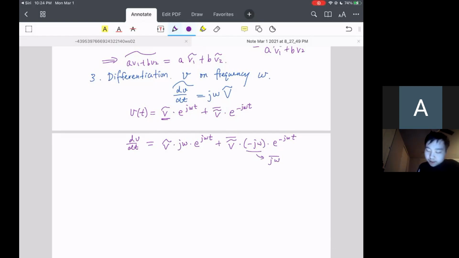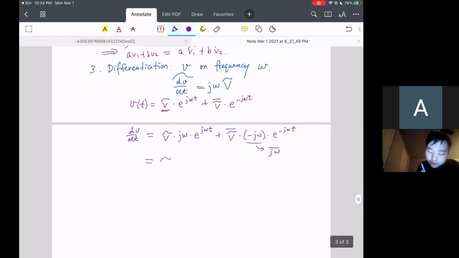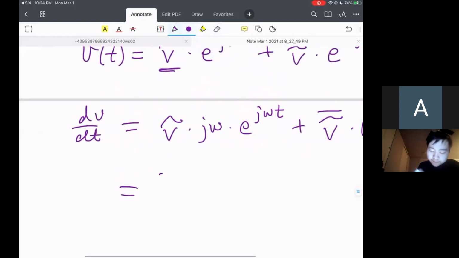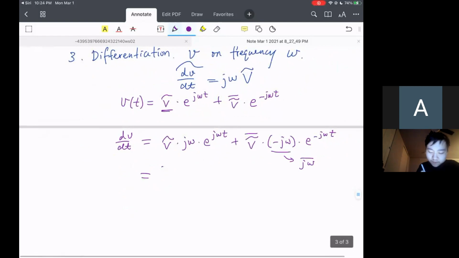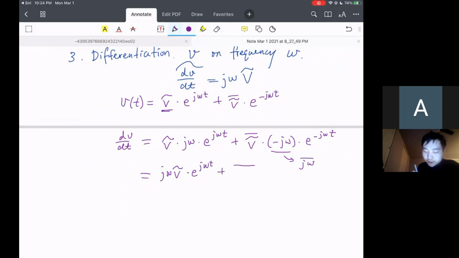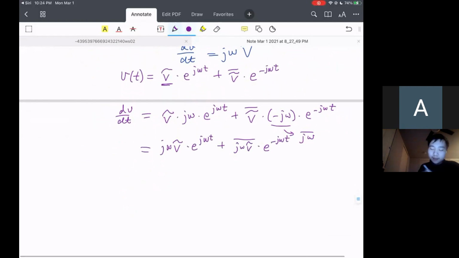So this is equal to j omega V tilde times e to the j omega t plus the conjugate of j omega V tilde times e to the negative j omega t. And so the phasor representation of the derivative is simply j omega V tilde.